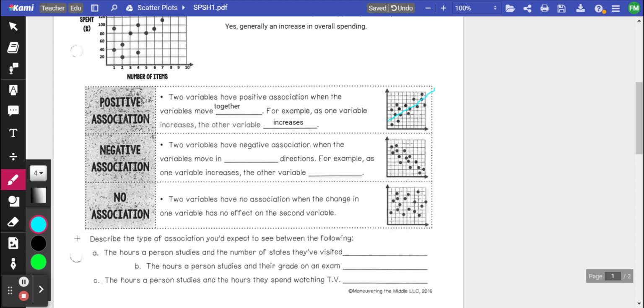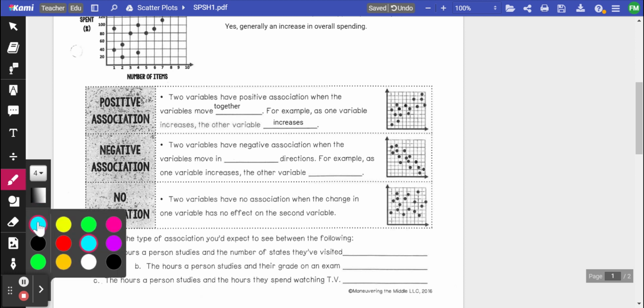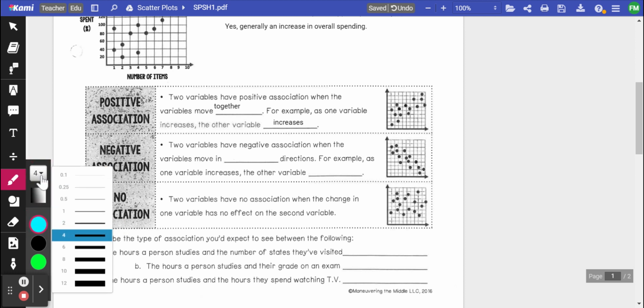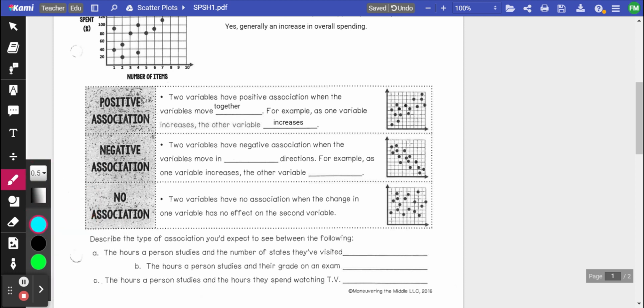There we go. Another way to look at that, I'm going to circle this: if we draw a potato around it, we can see that potato heading in an upward direction.